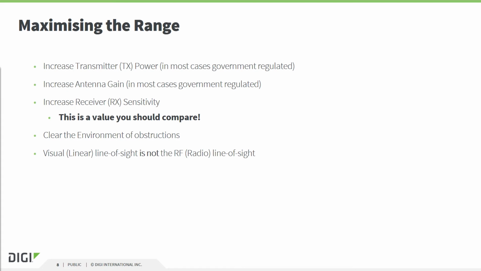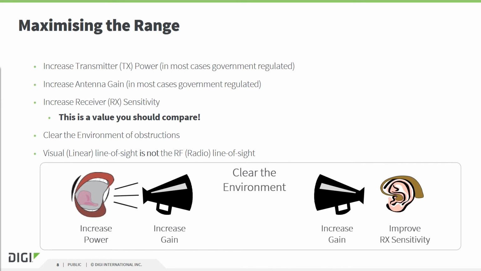Also, you can try to increase the antenna gain on both sides, but normally this is limited by the government, so you cannot touch those parameters as much as you would like. A nice trick that you can use is to try to increase the sensitivity on the receiver, and this is a nice value that you should compare when you are looking for radio devices.